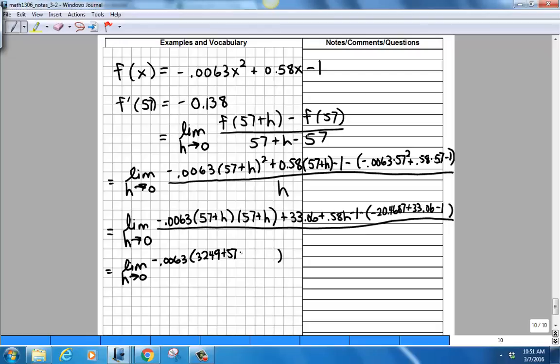Well, that's easy. That's 57h. And then you have h times 57 again. So that's another 57 times h. And then you have h times h, which is h squared, okay? And now let's copy down some of this other stuff that's sort of just going along here for the ride for a moment.